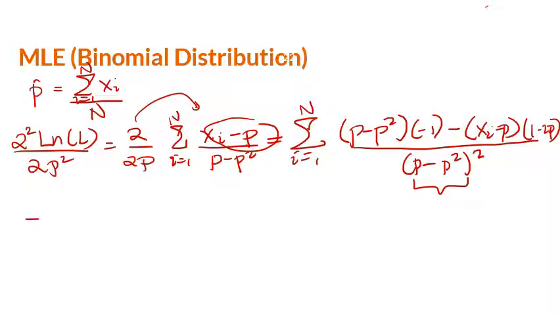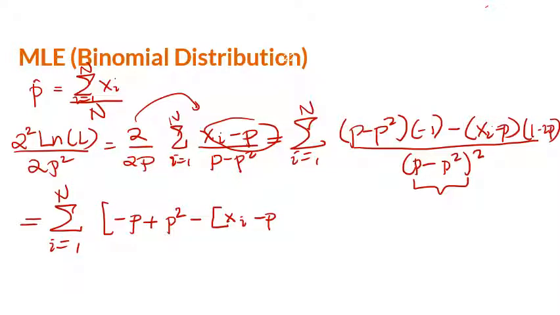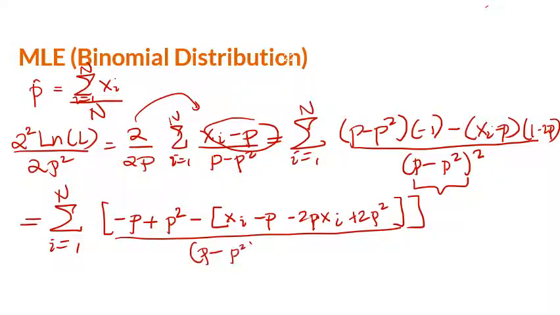So, positive definite yung denominator natin. So, yung numerator natin magiging summation i from 1 to n, minus p plus p squared minus x sub i minus p, plus minus 2p x_i, plus 2p squared, all over p minus p squared, squared.